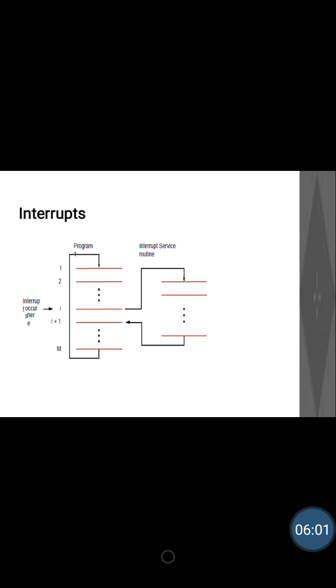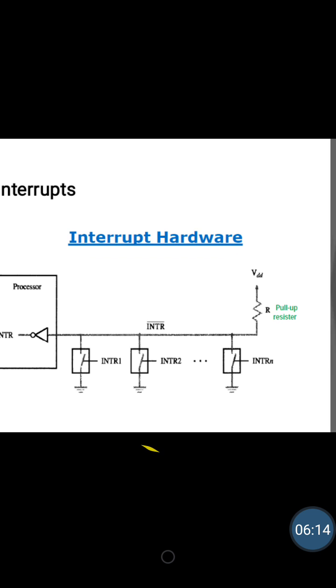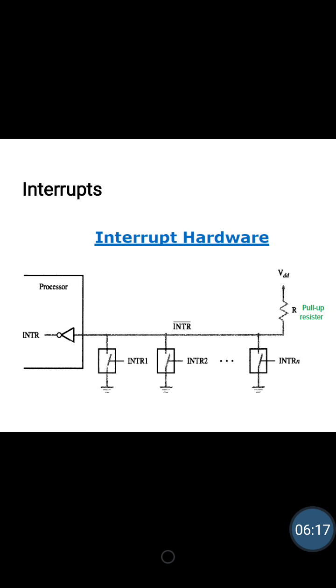Now let's discuss what hardware arrangement is there. As you can see, the processor is getting an INTR request. You have one line called INTR bar, to which all the device switches are connected.